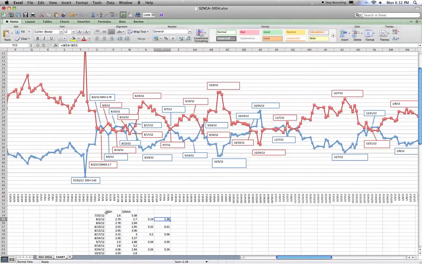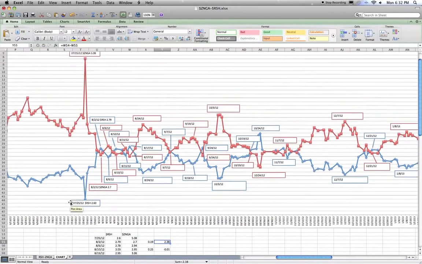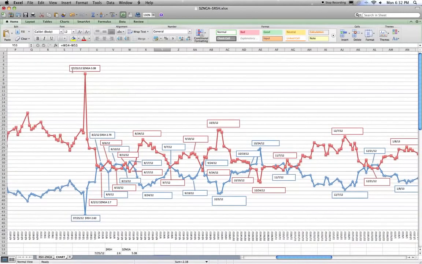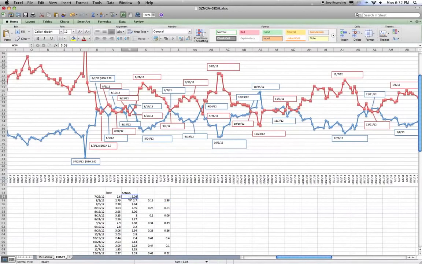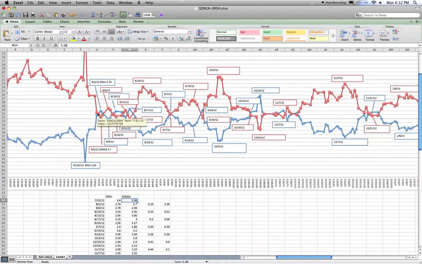But we want to just hedge it by shorting the ZNGA. So ZNGA on July 25th was at 5.08. So that's what I wrote here, 5.08. And when they crossed, it was at $2.70. So the difference is your profit. So again, you would have pocketed $2.38 plus the 19 cents from the Radio Shack.